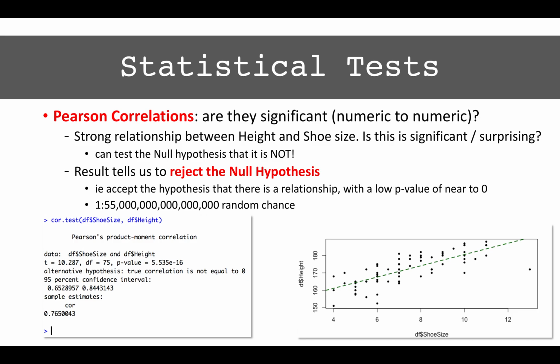So it's nearly 0. This tells us that we can reject the null hypothesis of no relationship and accept the hypothesis that there is a significant relationship between height and shoe size.